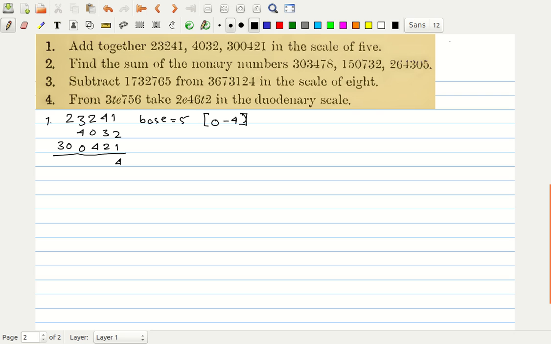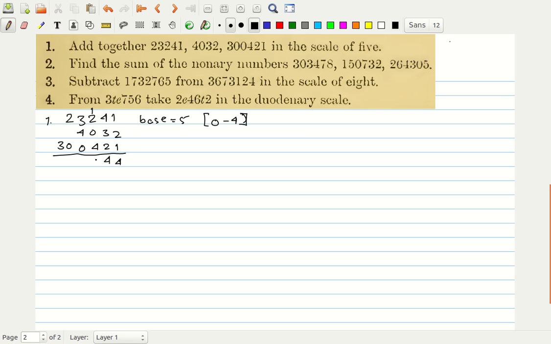So now you divide 9 by 5. What is the remainder? You get 4. And what is the quotient if you divide 9 by 5? It is going to be 1. You put 1 over here, right? Now 3, 2 plus 1 is 3, 3 plus 4 is 7. Now again 7 is greater than 5, so you divide 7 by 5.